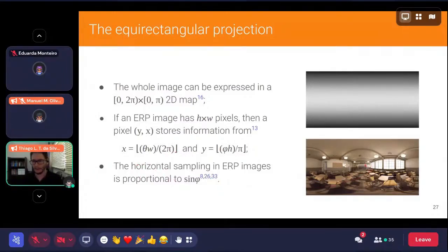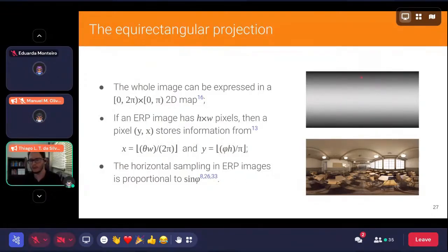Well, we know that the rectangular projection has some distortions, and these distortions are induced by this irregular sampling that we mentioned before. And this irregular sampling is proportional to sine of phi. So we can see what this distortion means when we understand the portion of area on the sphere that is mapped to the plane, and we can compare these portions of area in this planar representation.